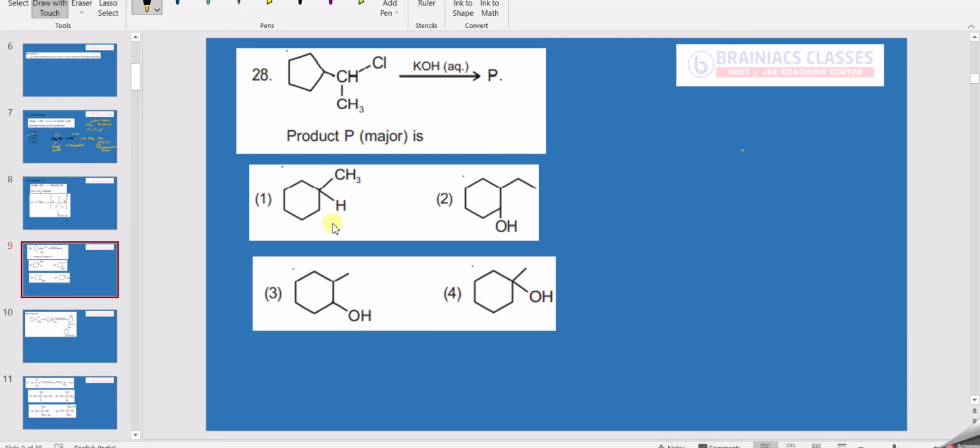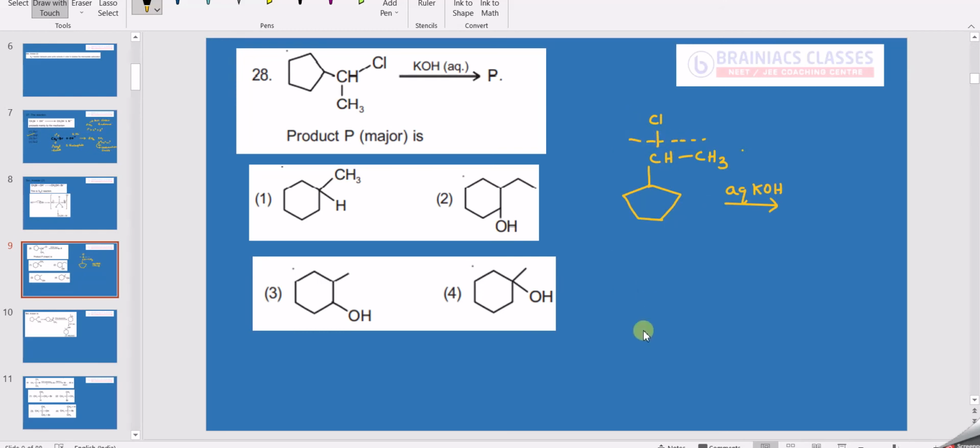Suppose I have told you that whenever you have a ring-like structure like this, you can see here CH, and you have Cl and CH3. Now what is happening, it is treated with aqueous KOH. Please remember, with aqueous KOH, substitution can always happen. So the first step is that the halogen will leave.